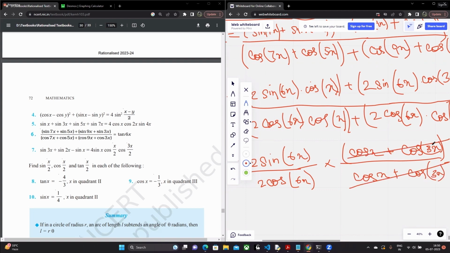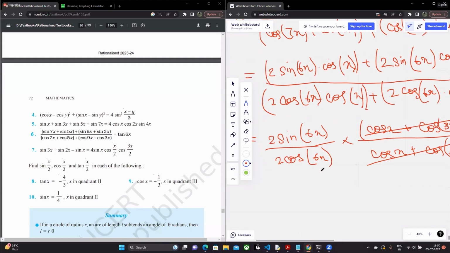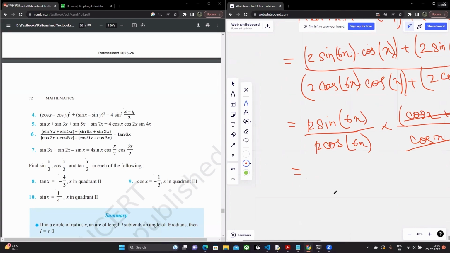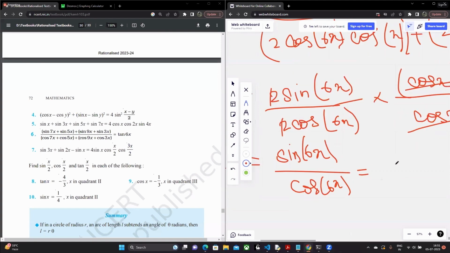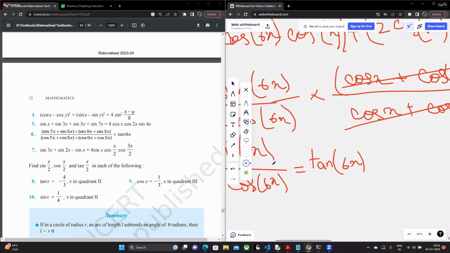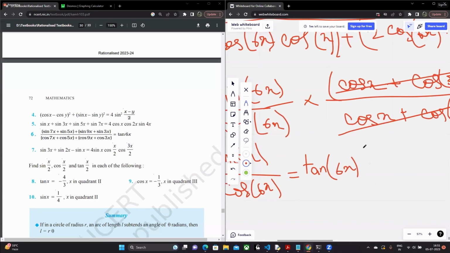Both get cancelled out. The 2's get cancelled out, and you are basically left with L is equal to sin 6x by cos 6x, which is equal to tan 6x, which is equal to the RHS. Therefore, you can say that LHS is equal to RHS.